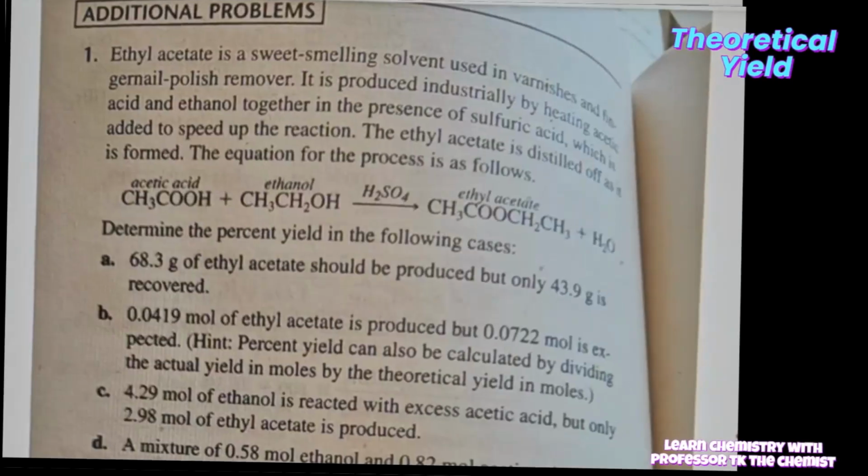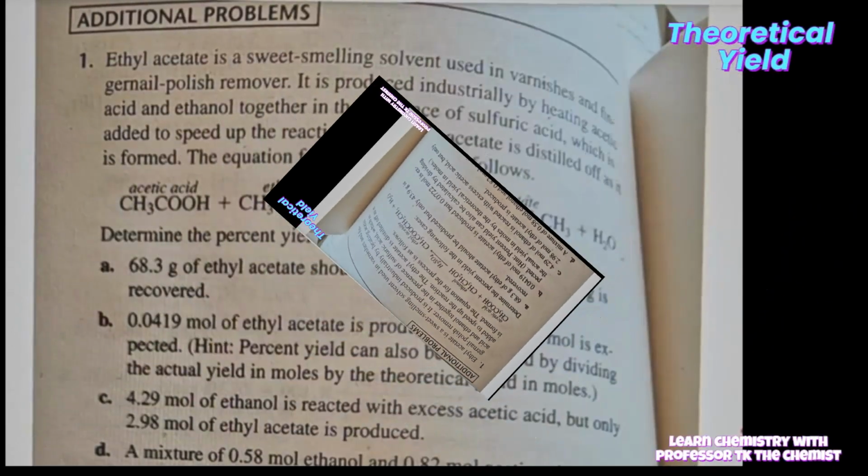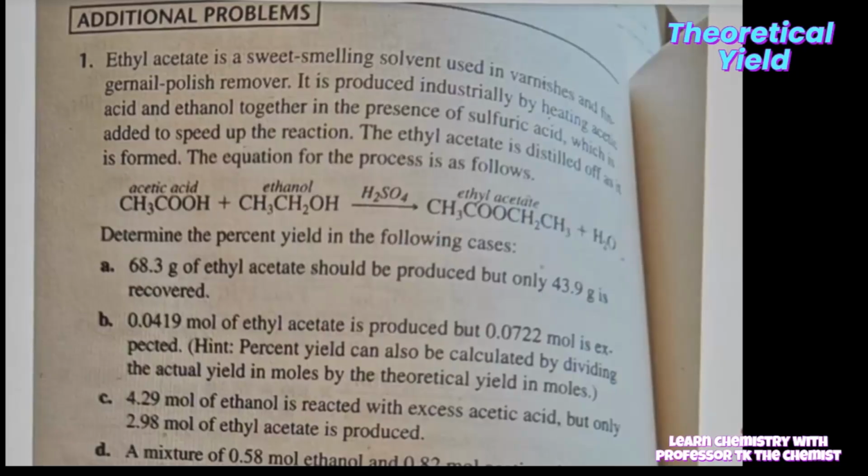So what you're going to do here for part B, just because it says moles doesn't mean anything. It says 0.0419 moles is produced. So guess what? That is your actual amount. What was expected, that's your theoretical.